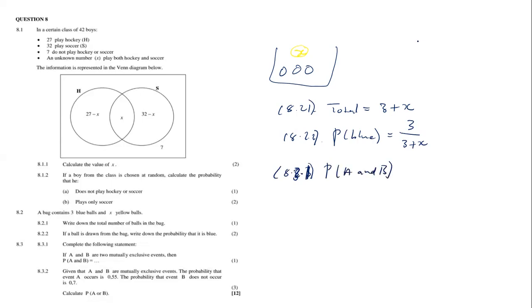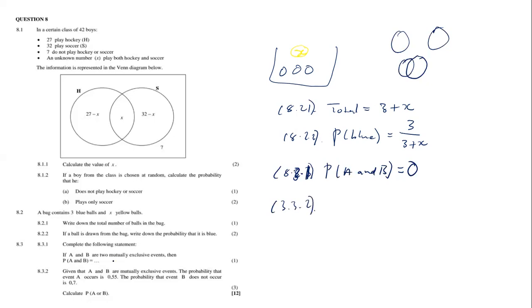When events are mutually exclusive, they do not have an intersection. But when they share an intersection, they are inclusive. So what is the probability of A and B here? It's 0. It doesn't exist. So it's going to be 0.